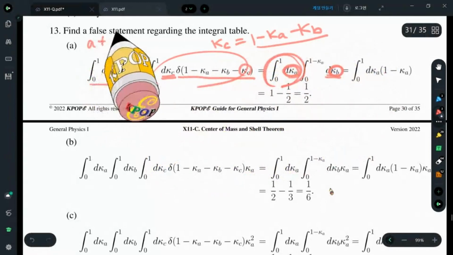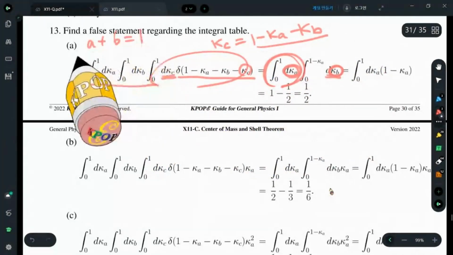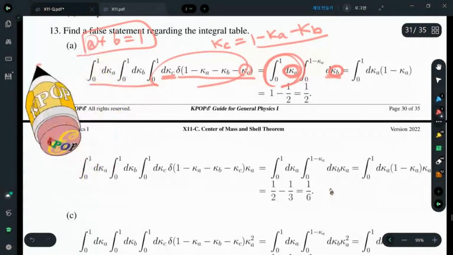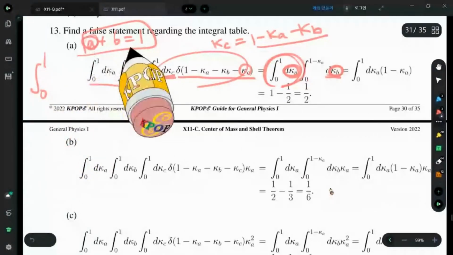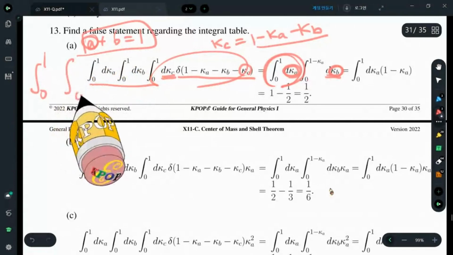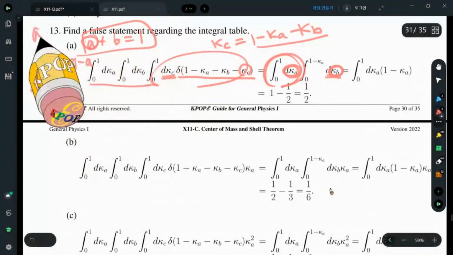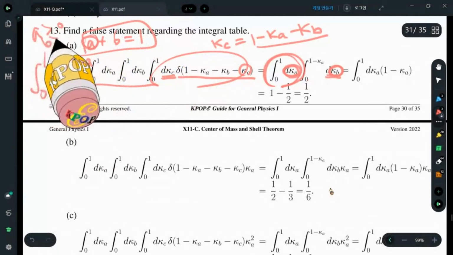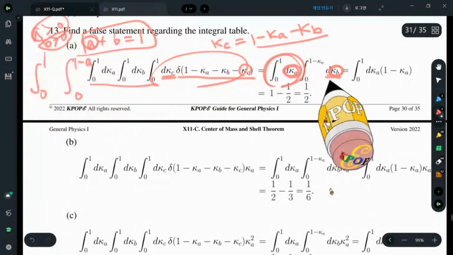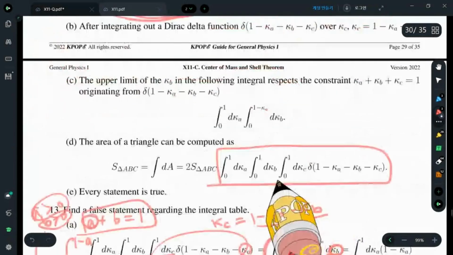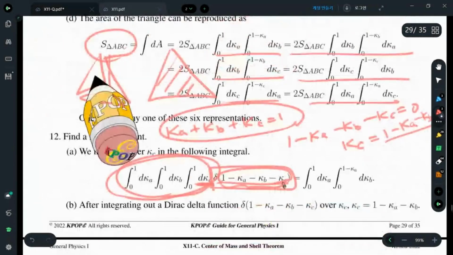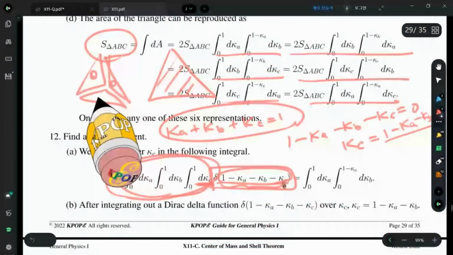For example, A plus B equals 1. A ranges from 0 to 1 and B ranges from 0 to 1 minus A, because A plus B must be at most 1, and A is greater than 0, B is greater than 0. Why? Kappas are the partial fractions of the area, and area must be positive.